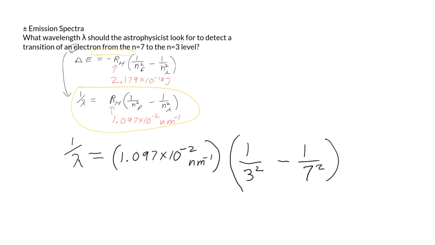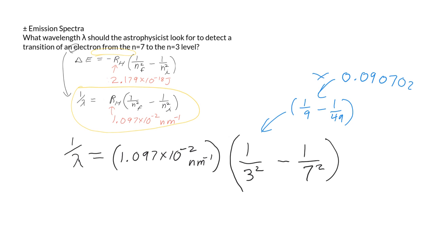Let's do some quick math here. We've got 1 over 9 minus 1 over 49, which is going to be equal to, punch it into our calculators, 9 inverse minus 49 inverse equals 0.09070249, is what your calculator tells you, but that's okay.